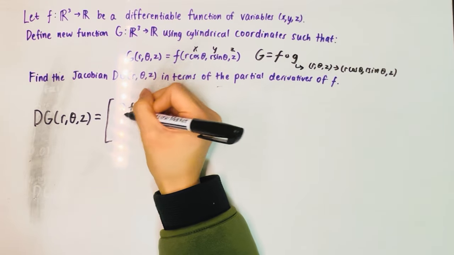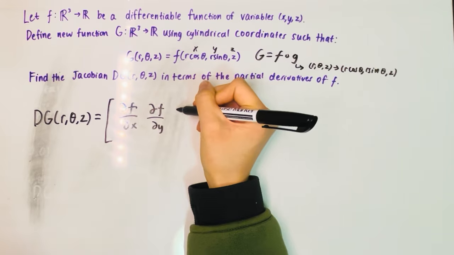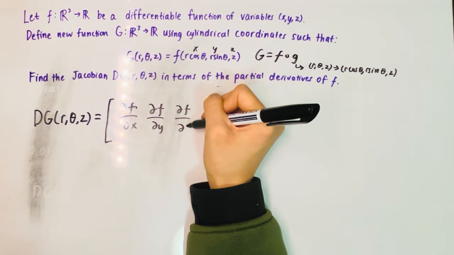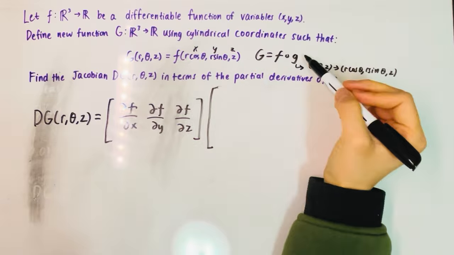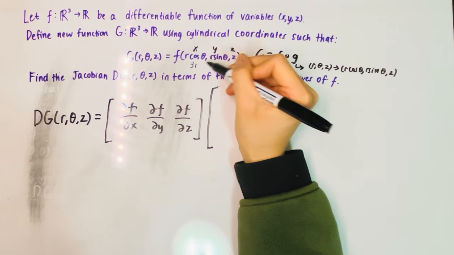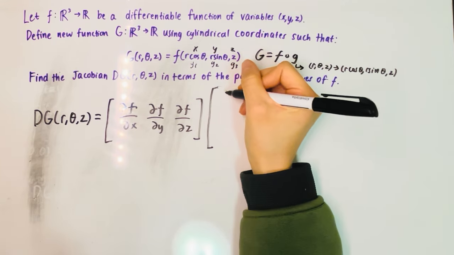So that's going to be ∂f/∂x, ∂f/∂y, ∂f/∂z. Then we see that g is actually made up of g1, g2, g3. It's taking R3 to R3.